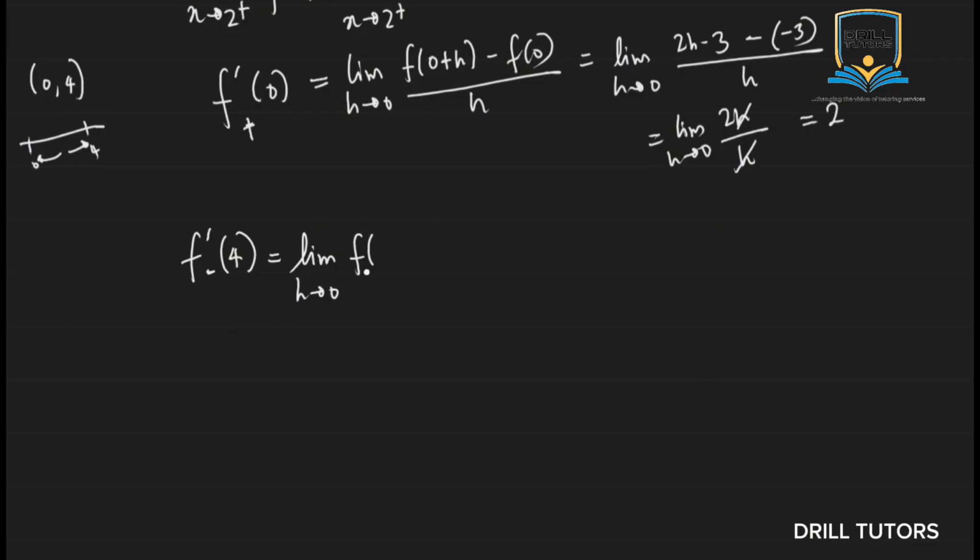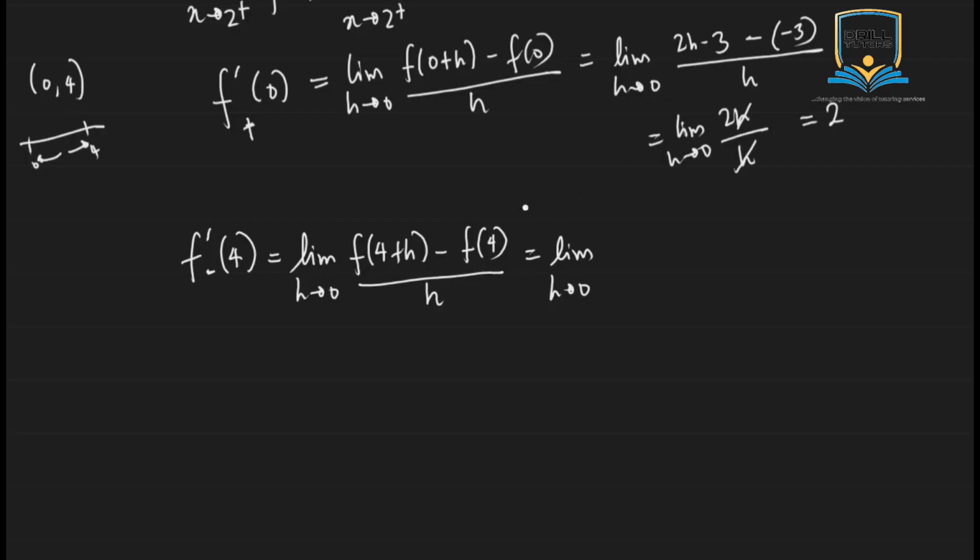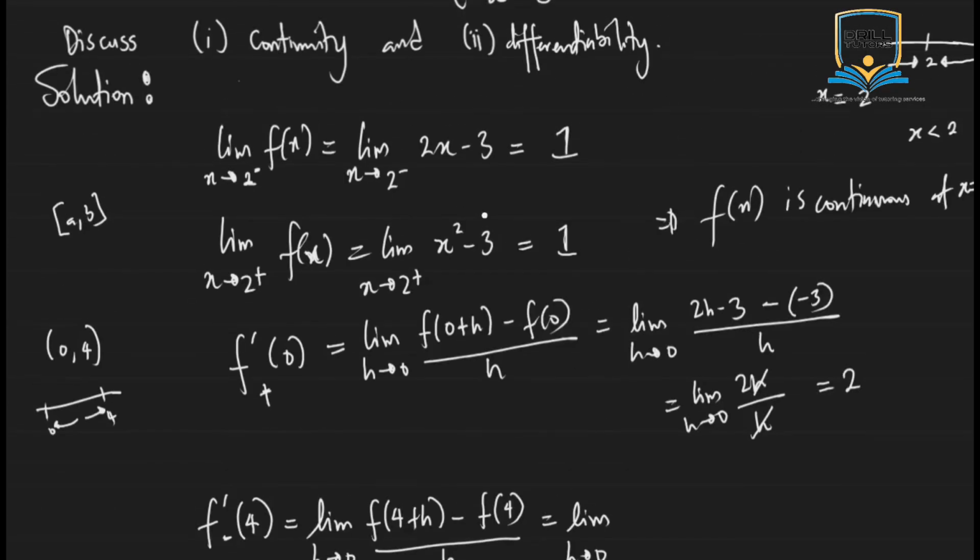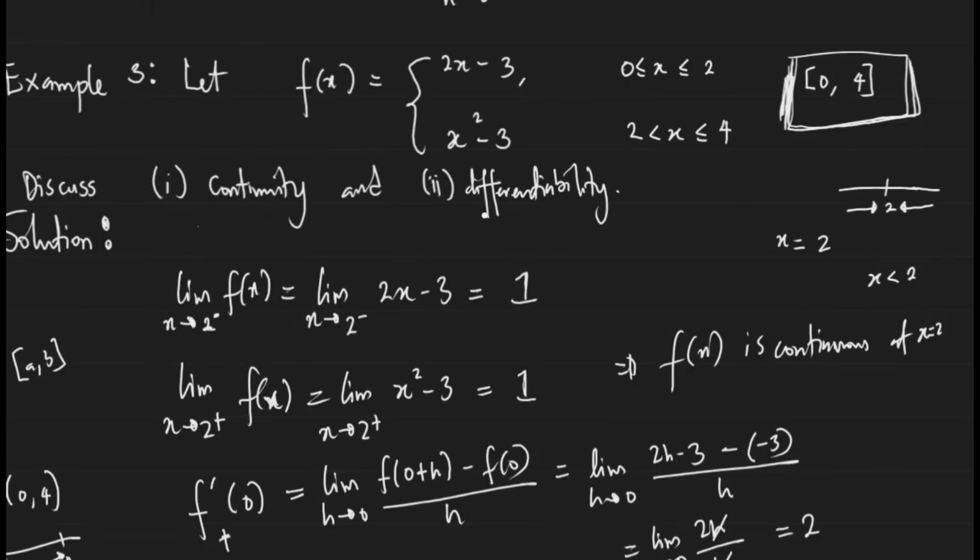As far as differentiability of the function is concerned, b is 4 now, so that will be f at 4 plus h minus f at 4 all over h, which is the same thing as the limit as h tends to 0 of, now from the left you have x squared minus 3.